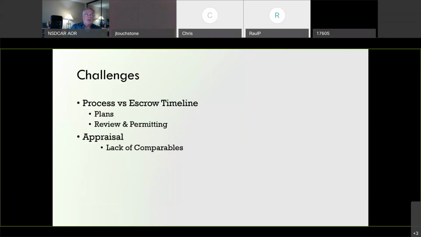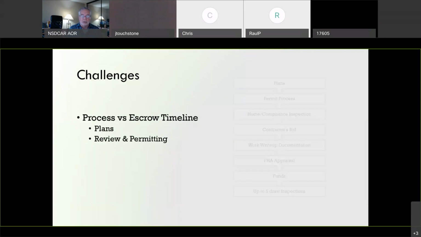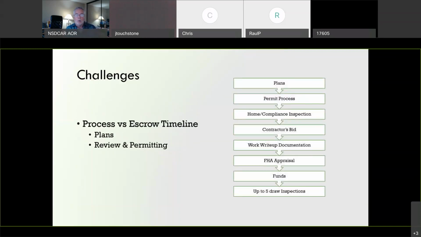So let's talk about some challenges here when we start looking at creating an income opportunity, particularly in a real estate transaction. My biggest concern is there's two.